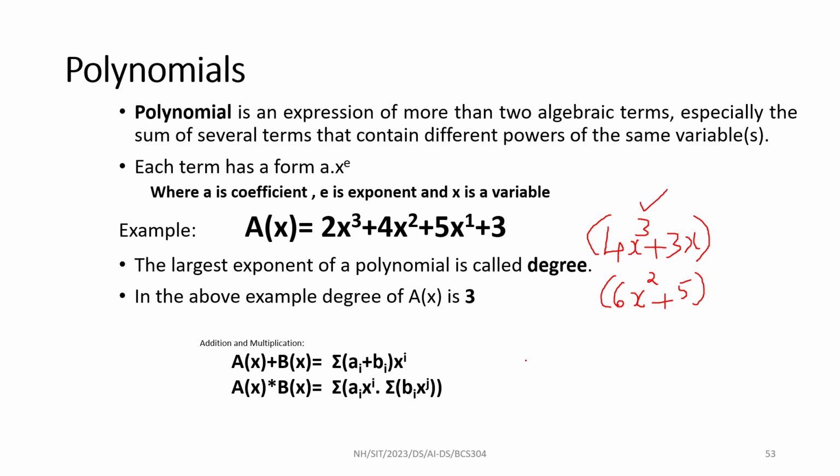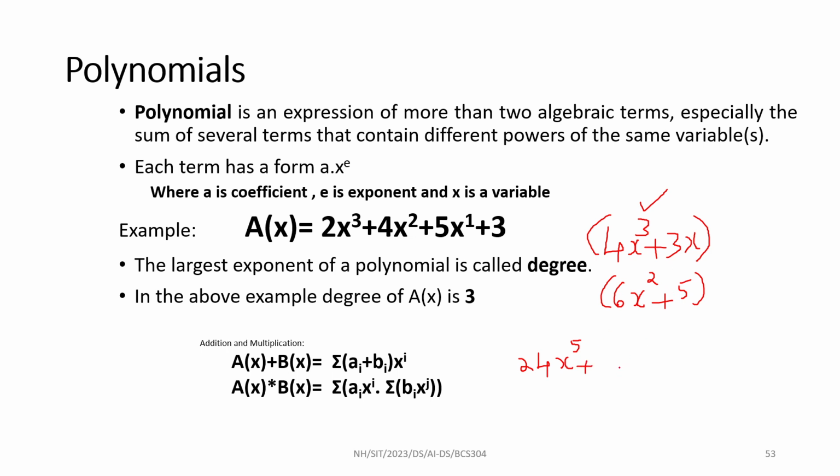4 into 6 is 24, x power 3, x power 2, x, that is x power 5. 24 x power 5. Exponent to be added, coefficient to be multiplied.